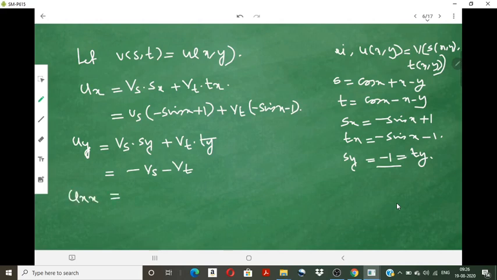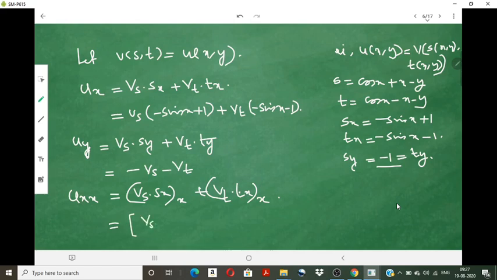Uxx is what? Vs into Sx with respect to x plus Vt into Tx with respect to x. So here we have to apply the product rule of differentiation. Now in order to find the derivative of Vs with respect to x, again we have to apply the chain rule.